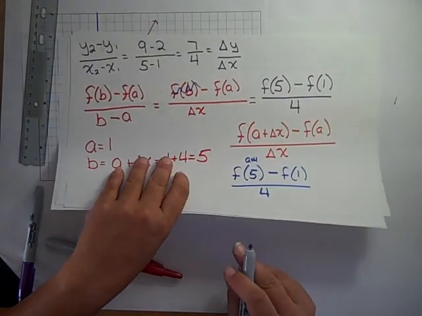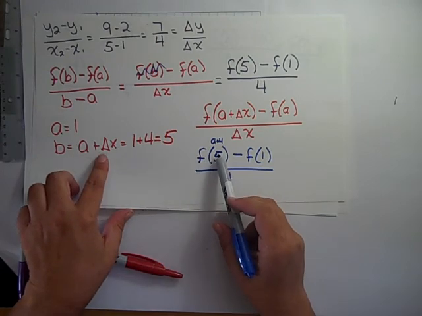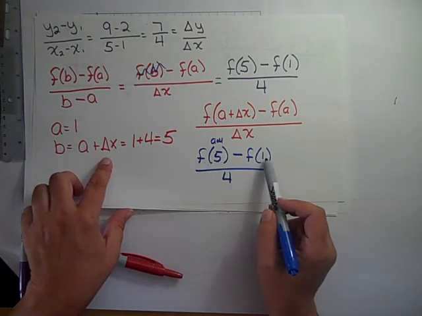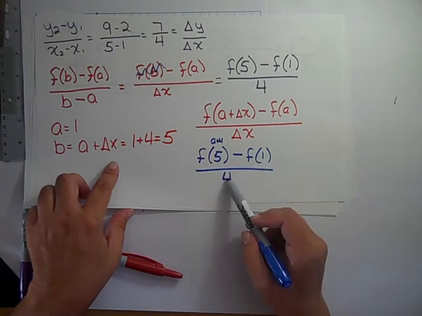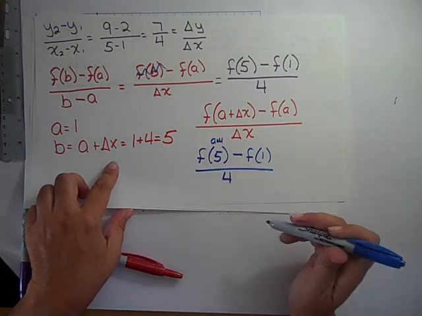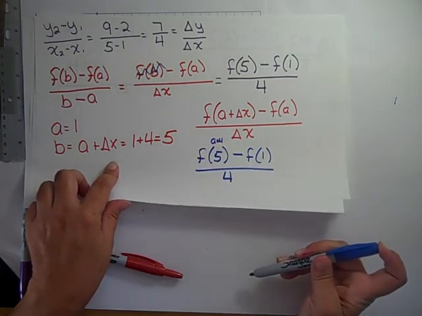Hope you can see what I just wrote. Let me do that again. F of a plus delta x, which would be 5, minus f of a, which is the same as f of 1, all over delta x. So feel free to back the video up and look at that again if that confused you.